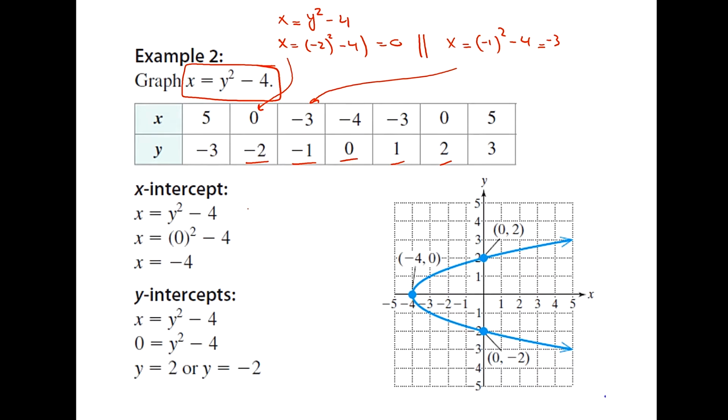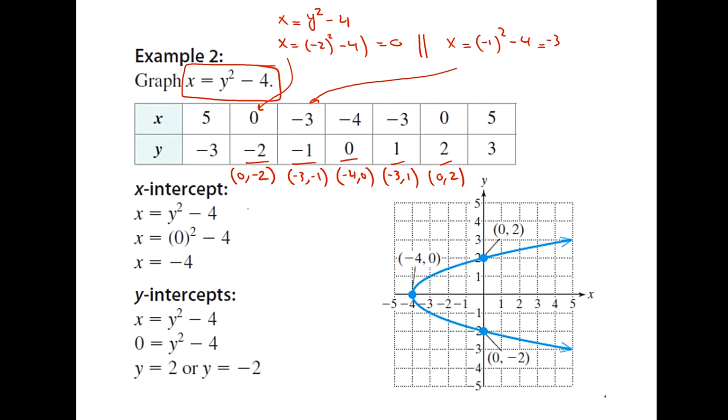So we have at least 5 or 6 points. The first point, x is 0 and y is minus 2. The second point, minus 3, minus 1. The third, minus 4, 0. Then minus 3, 1, and 0, 2.